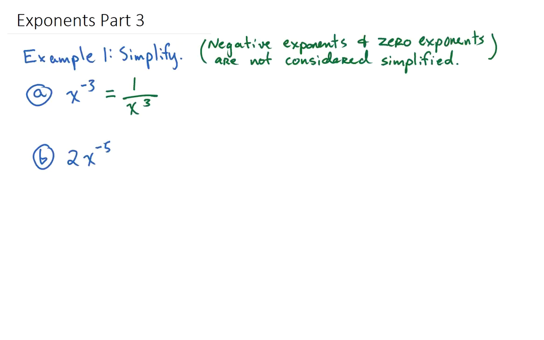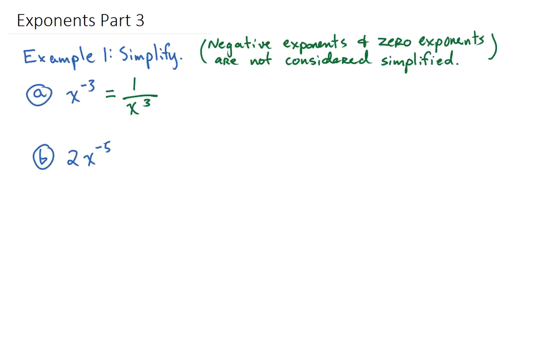So for part B, let's say we have 2x to the negative 5. Here it's important to remember that only the x is the base. If the 2 were a part of the base, we would have parentheses around 2 and x. If the parentheses were there, that would say we are dividing by 2x 5 times.